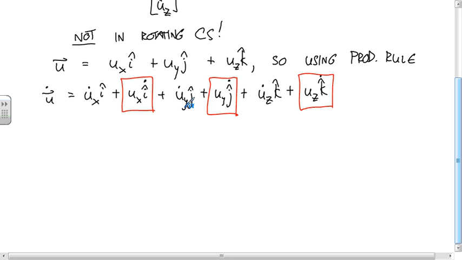And so the tricky thing to make sense out of when you deal with rotating coordinate systems is what is ux times i dot plus uy times j dot plus uz times k dot.